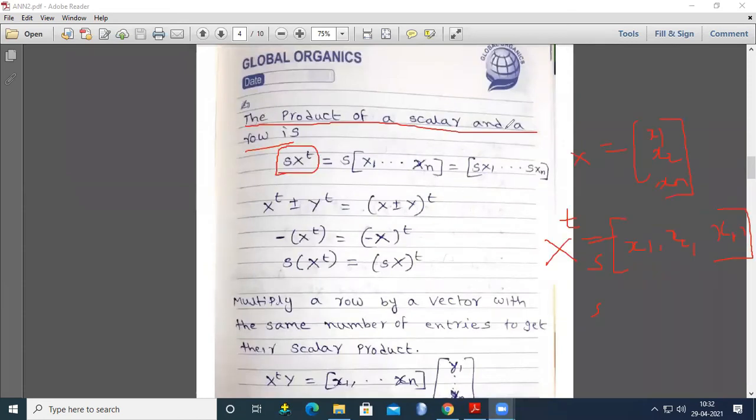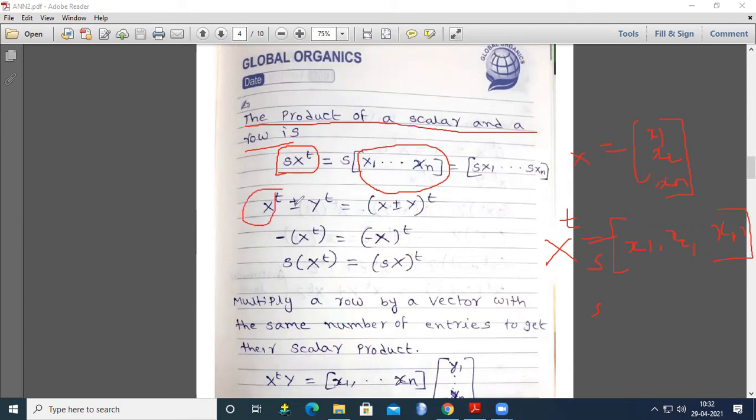The product of a scalar and a row: s into xt equals sx1 to sxn.